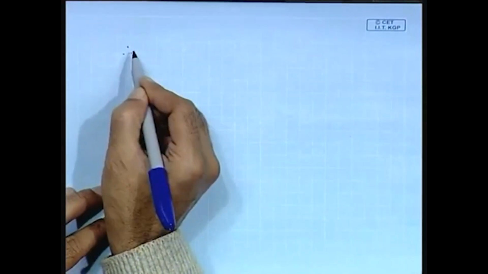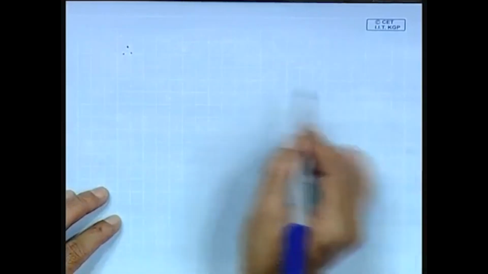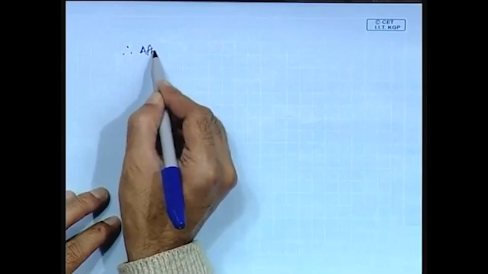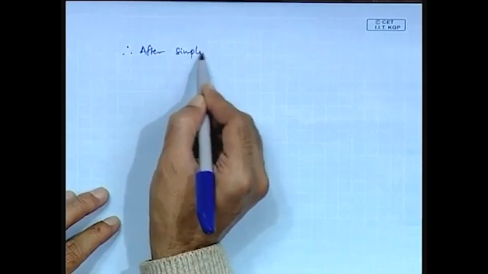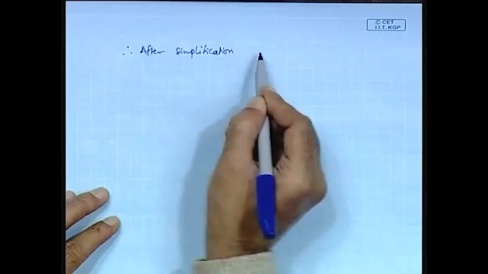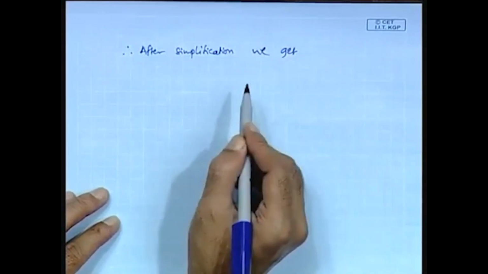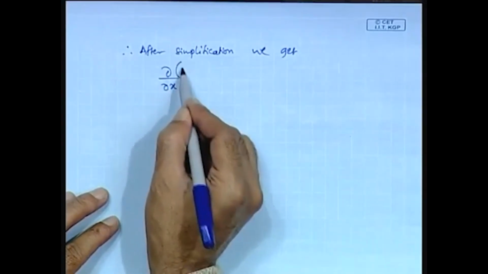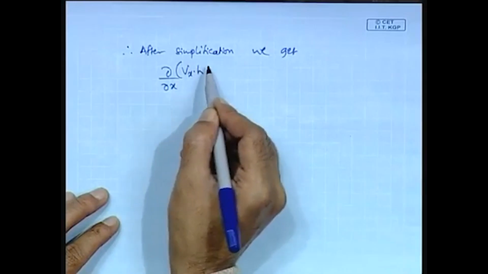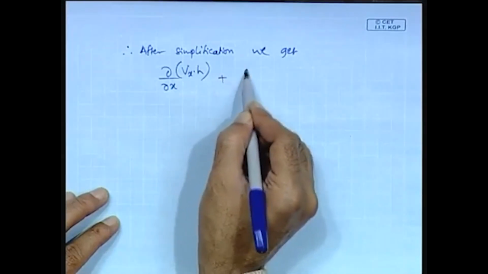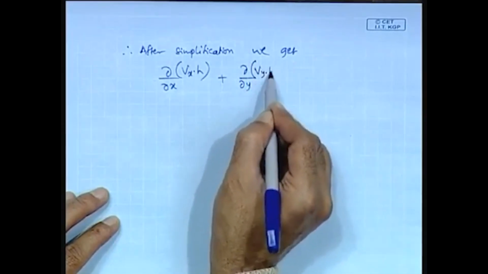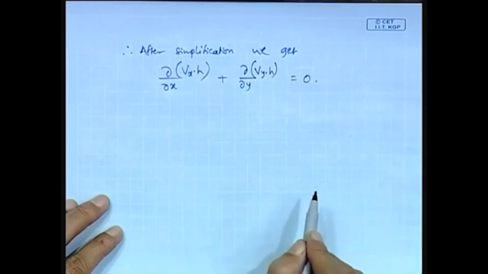Therefore, after simplification, we get d by dx of Vx into h plus d by dy of Vy into h is equal to 0, obviously.